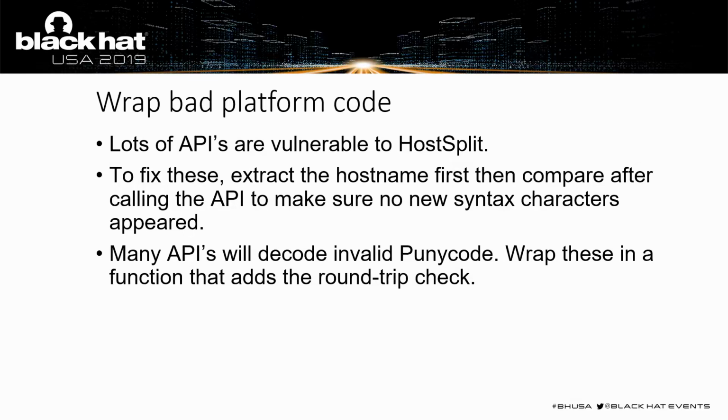If you're going to pass a hostname off to a control, what you want to do is try converting it to Unicode if it's punycode, and then convert it back to ASCII and make sure you end up with the same thing you started with. If the hostname you end up with at the end isn't what you started with, you want to just throw away the URL, not hand it off to the control, not hand it off to the API. So your wrapper function prevents the bad thing from happening.